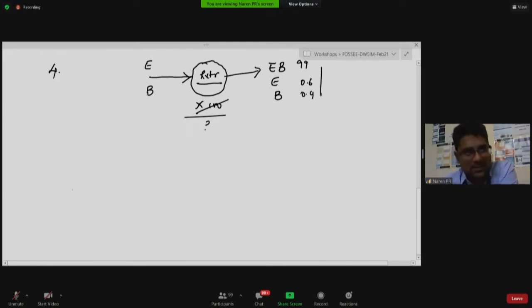Now again DWSIM can be used to answer this. Here we need to know some fundamentals of chemical engineering. I'm not going to go into much detail, but I will just put some flashy keywords.